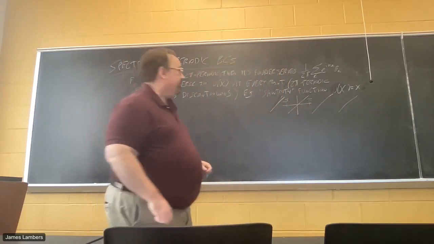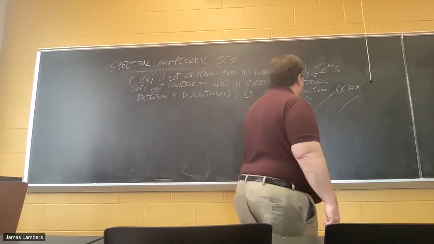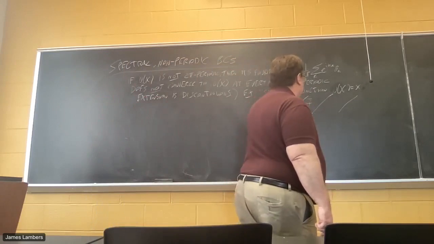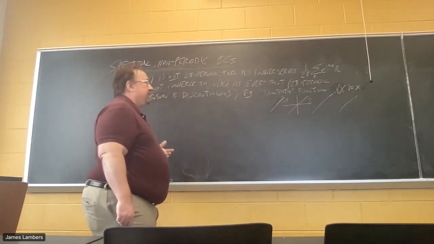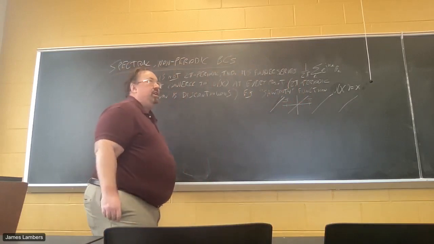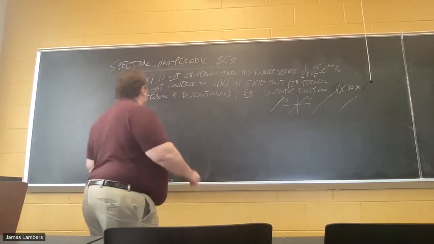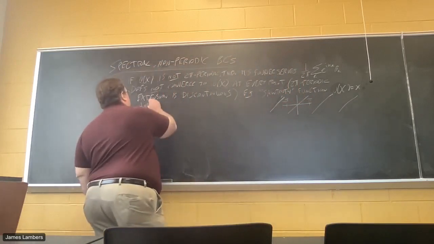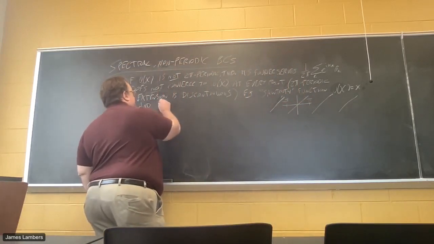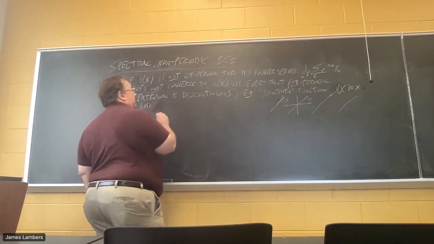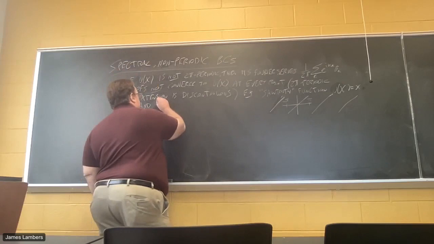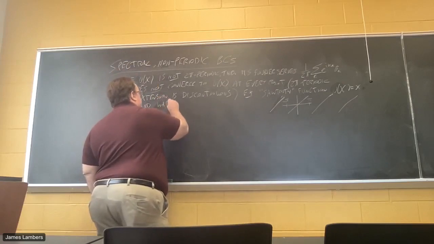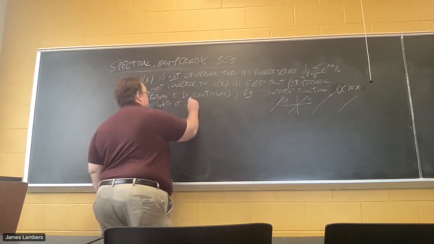So it's the average of the values of pi and minus pi here. So that's one thing, is that this series doesn't converge at those points. And at other points, it does converge.